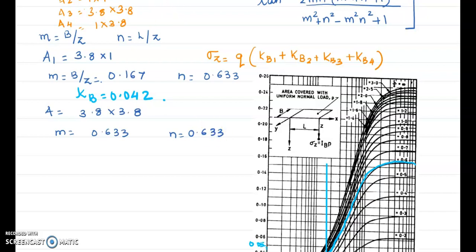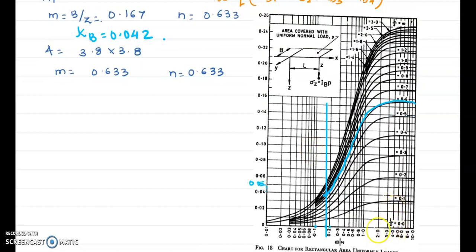Now again I will go back to this chart. Where is 0.633 now? Here you can see 0.6 and 0.8. This is very close. Your 0.633 I will just take as a line somewhere in between. So I'll take a line here, which will be intersecting with the blue line, the same line.